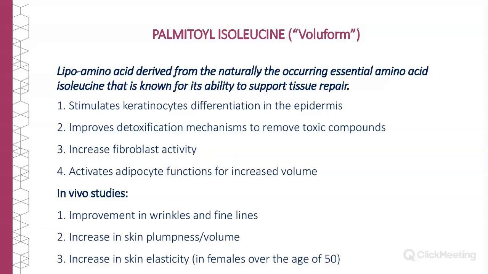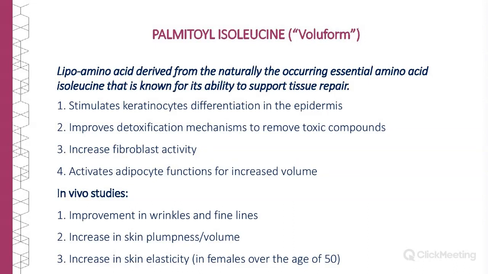It improves detoxification of skin cells, increases the activity of the fibroblasts to increase the production of collagen and elastin. And very importantly, it activates adipocyte functions. So it can stimulate a healthy supply of subcutaneous fat in the face so that we can increase volume and create a firmer, more youthful looking complexion.